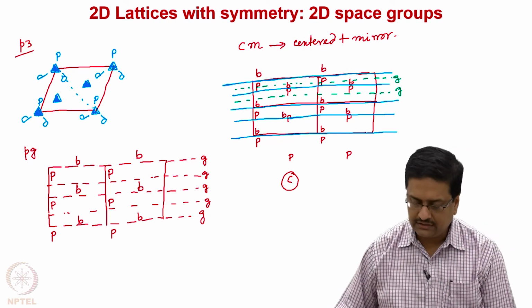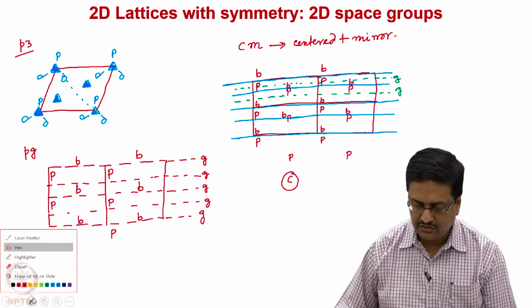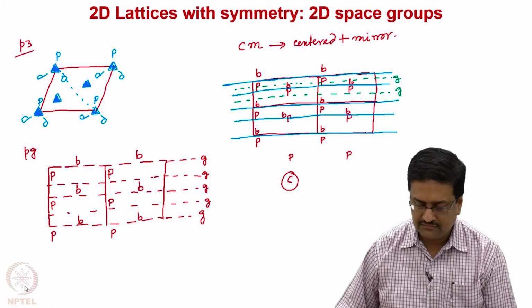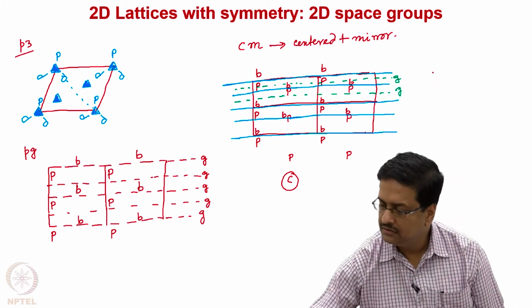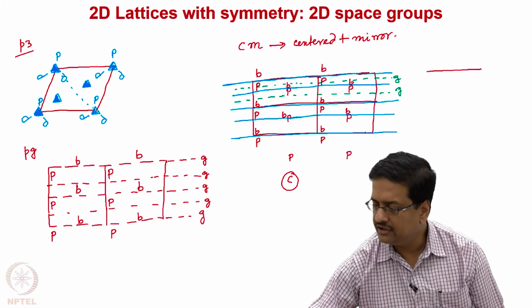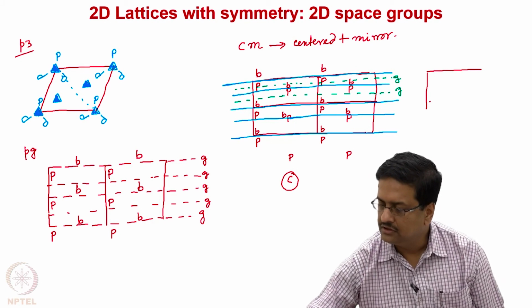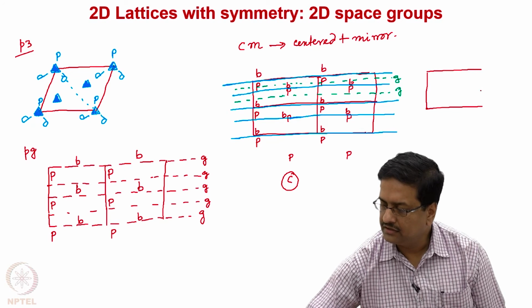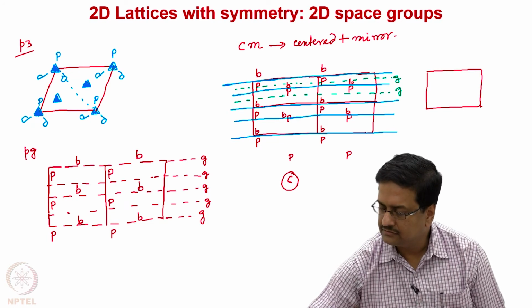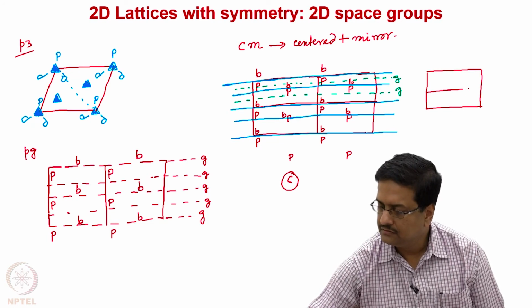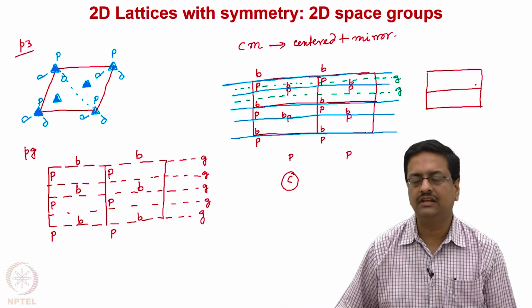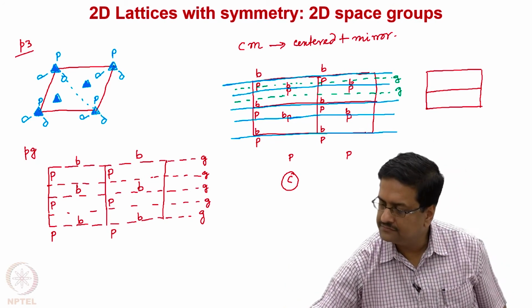So, in a nutshell, if we try to just draw this unit cell without drawing any object, it should be drawn like that. These are mirrors which we have.